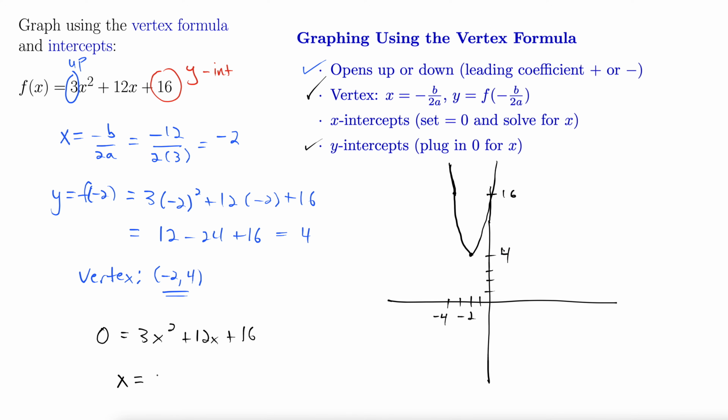So x equals, remember this, negative b plus or minus square root of b squared minus 4ac all over 2a. Okay, well, a, b, and c. I'm not going to evaluate this all the way out. I'm only going to look at this radical here. We call this the discriminant, because if we can get a negative inside that radical, we know there's no solution.